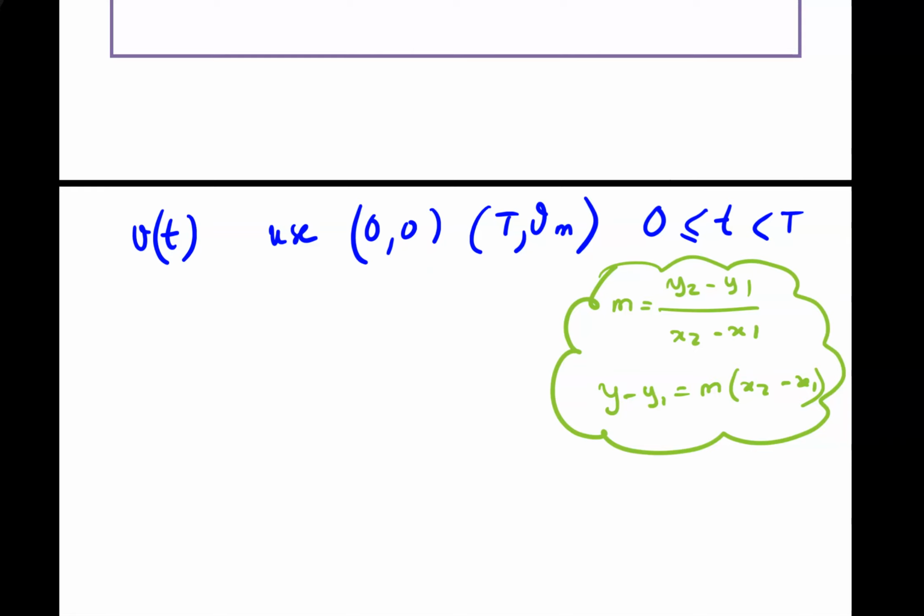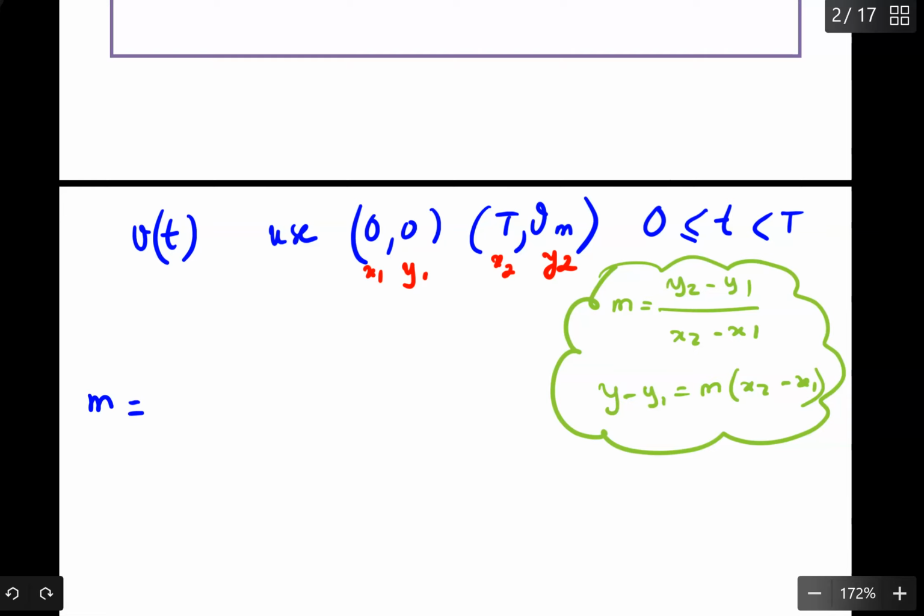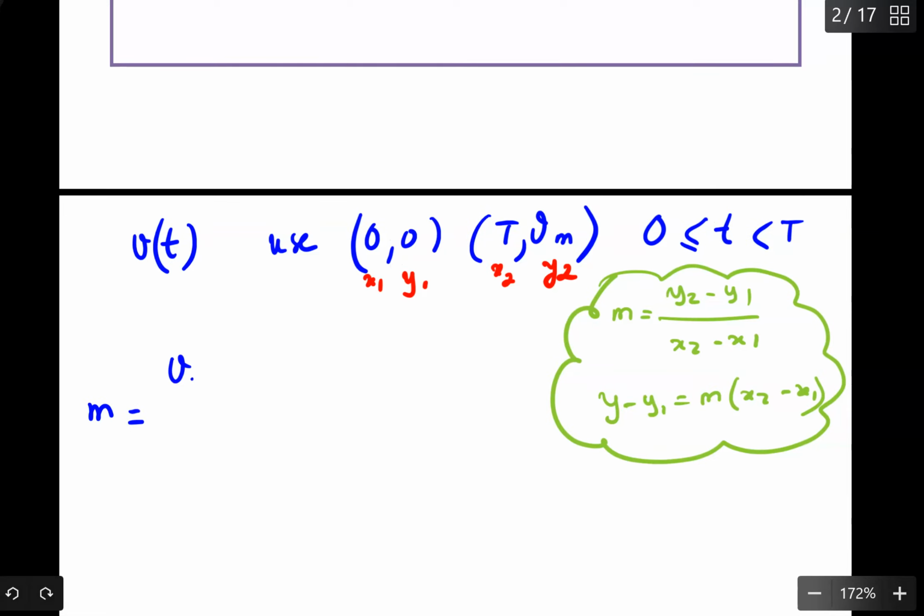So m is equal to y2, which is Vmax, subtract 0, over the period T subtract 0. So my slope is simply Vmax divided by T.